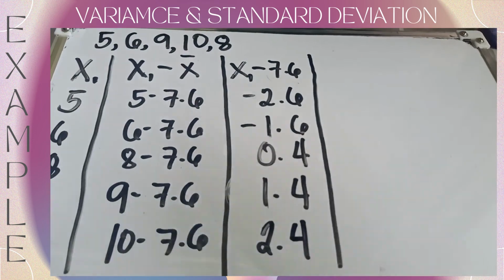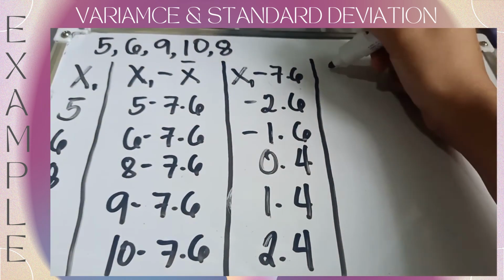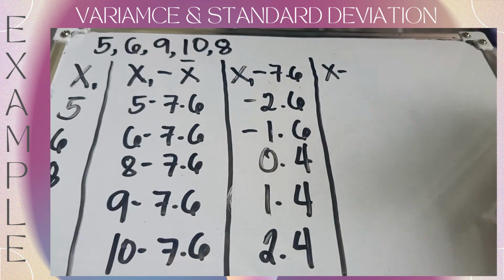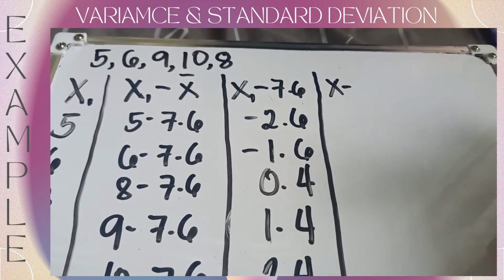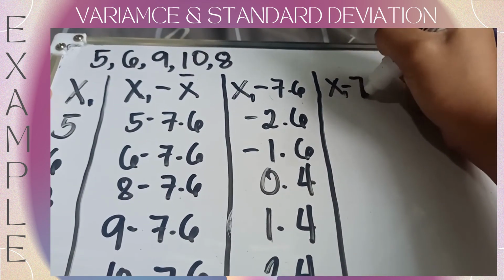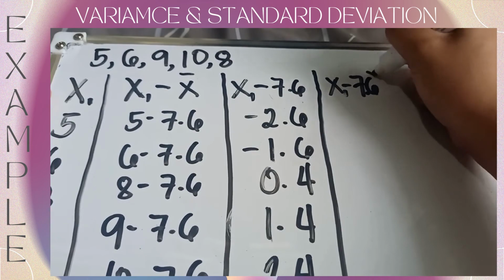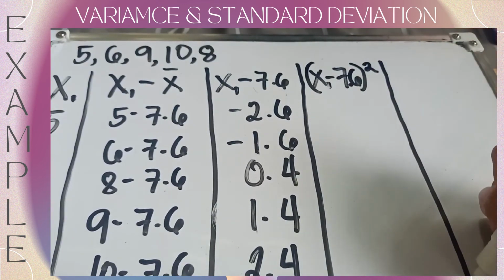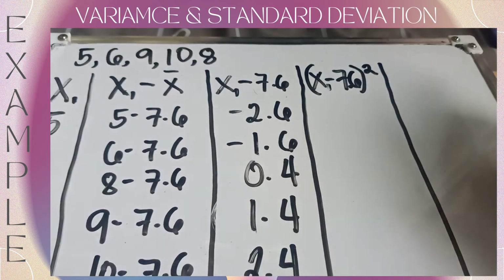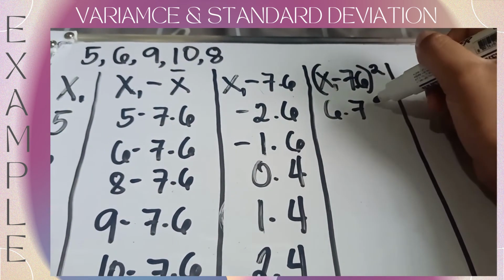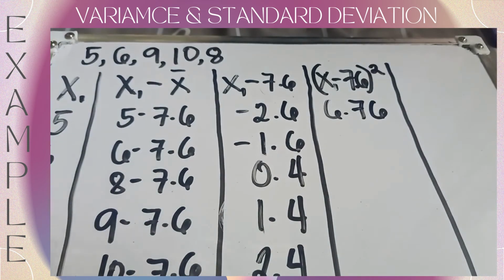Next column is, let us find the square of, okay, sorry for that. So we are going to find the squares of x sub 1 less 7.6. Okay, square natin yan. So that is for this next column. So the square of negative 2.6 is equal to 6.76.